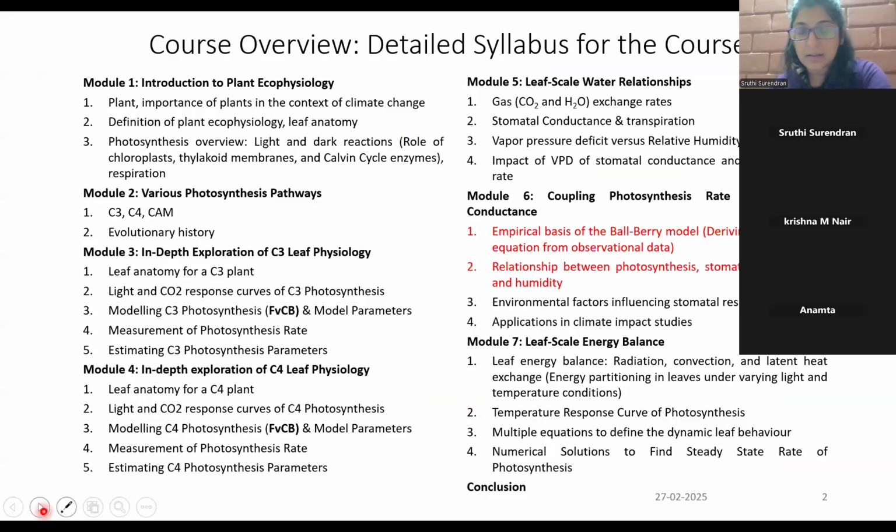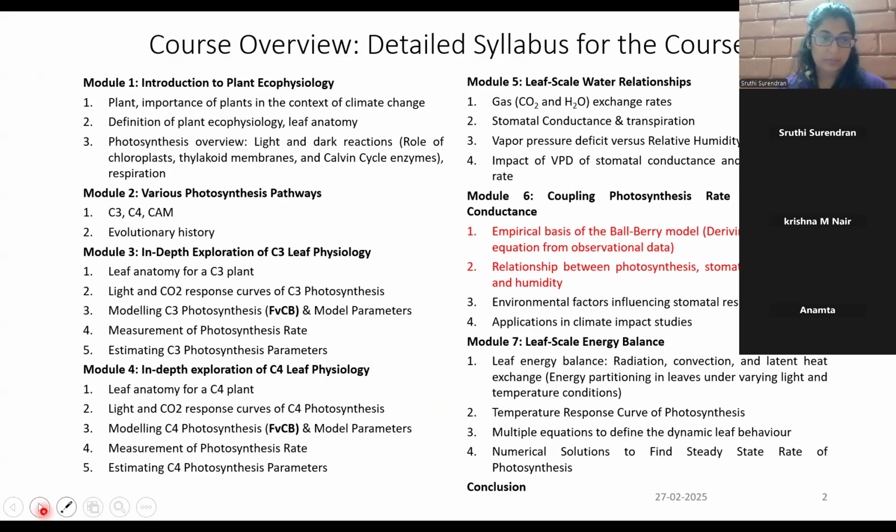In the last class, we had discussed the connection of transpiration, assimilation, stomatal conductance, and how it is affected by relative humidity and the concentration of carbon dioxide in the atmosphere.